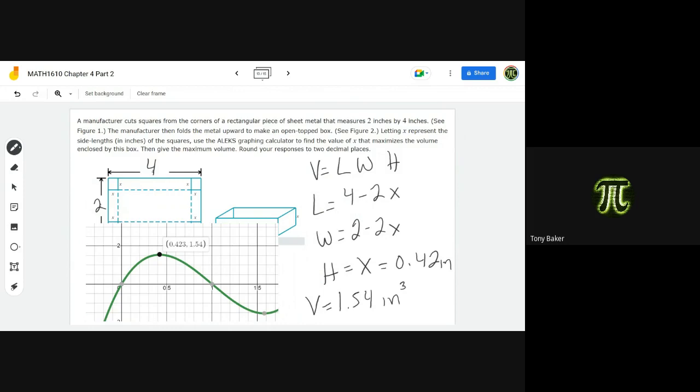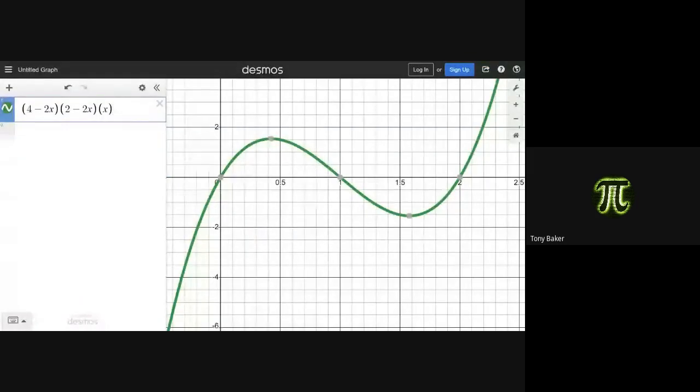Putting it into the graph as y equals 4 minus 2x times 3 minus. I didn't put the Y, but you don't necessarily have to put the Y. Desmos will assume it's Y equals. Any of the graphing calculators will assume it's Y equals.